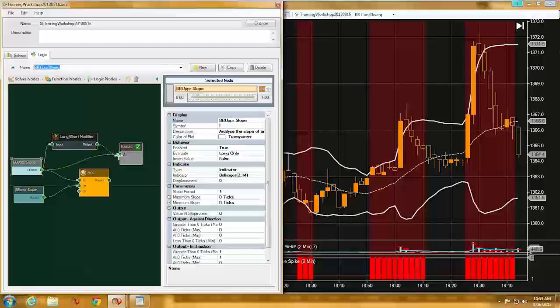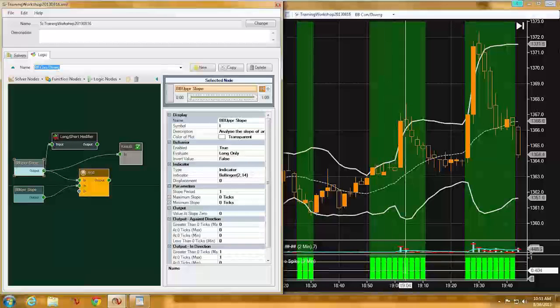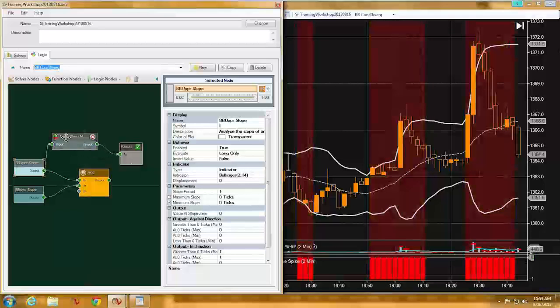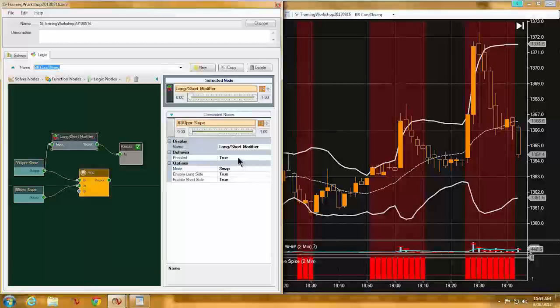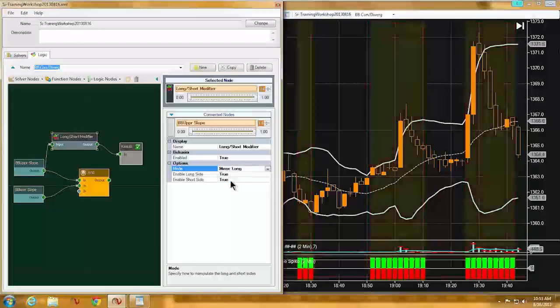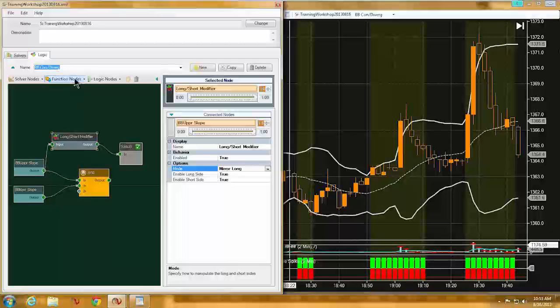The original signal coming out of this slope solver are long signals. So I want to mirror the long signals and get short signals at the same time. So I'll use the modifier here, and I just need to change the mode. Instead of swap, I will mirror the long. And there we go. So now we have a long and a short out of that solver.